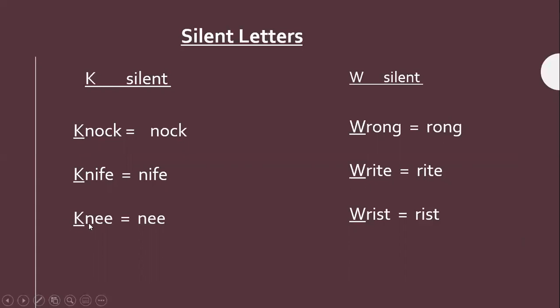Again, another word: knee. We read knee, not k-nee. K is silent in all these words. We will not read this K. We spell knock, knife, knee. Understand? Because here the K is silent.